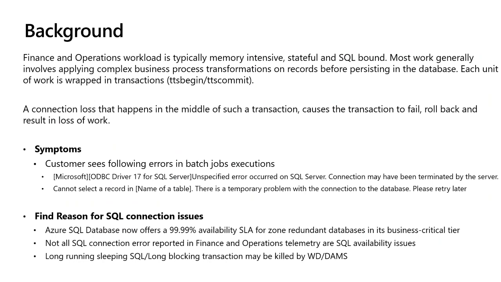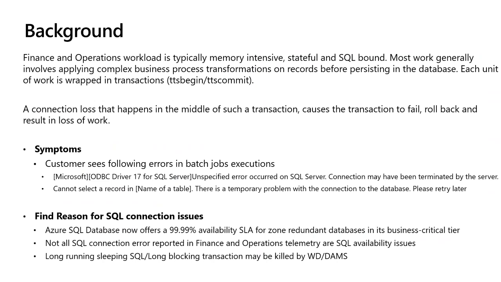However, there is still a 0.01% chance where SQL might not be available, and that could be because of unplanned outages from the SQL side, which may be a failover or DNS issues, or a planned outage from the SQL side. Maybe SQL is doing patching and they're doing a failover to the other resources. There may be a resource constraint on the primary node, and SQL is doing a failover to the secondary node.